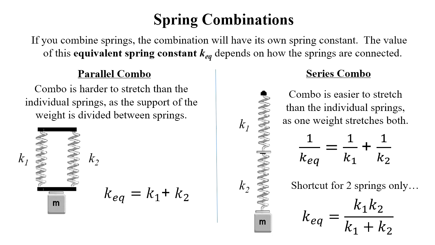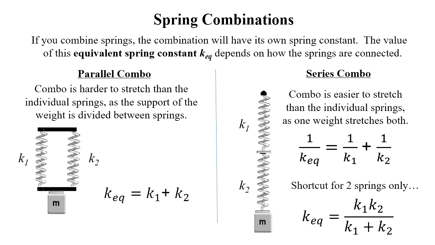And that makes the whole combination stretch more than either of the individual springs alone. So thinking of replacing this combination with a single imaginary equivalent spring, that equivalent spring would be weaker than either of the individual ones. For the parallel combo, the combination is stronger than the individual springs. For a series combo, the combination is weaker.